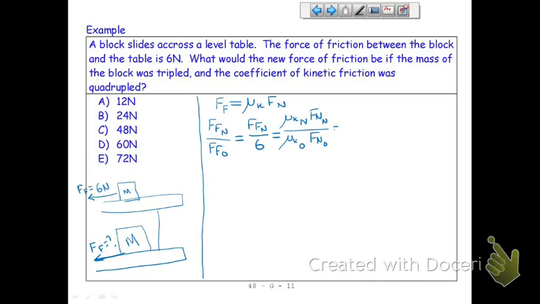Now, I've not given you Fn. I gave you the masses. But you can see that if that's Fg, this is Fn, and it's on a level table, so they're just equal and opposite.